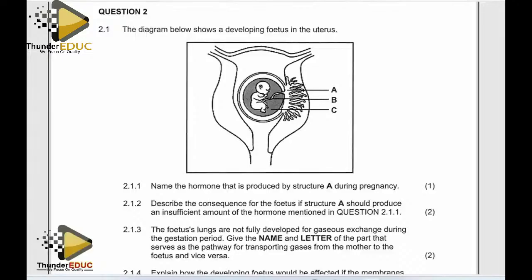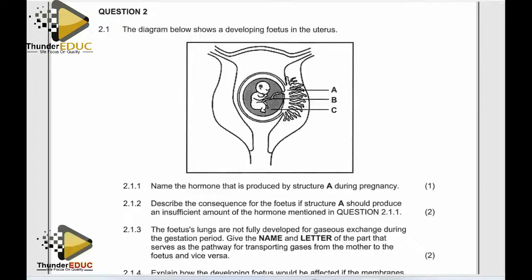Remember, in our last discussion, we talked about structure A being the placenta.